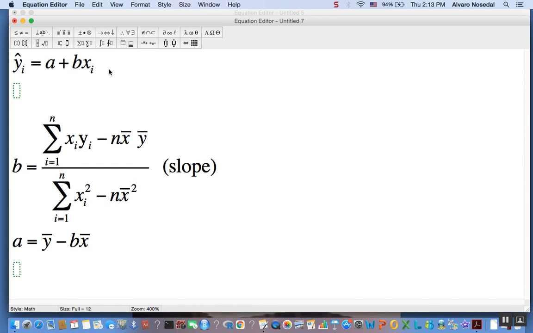Let's call this one the original regression line, because later we're going to talk about an alternative regression line. And this would be the estimator for the true y-intercept, alpha.